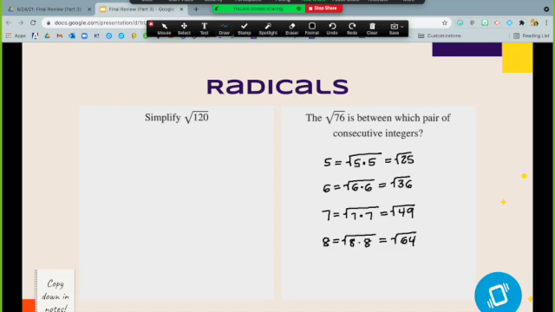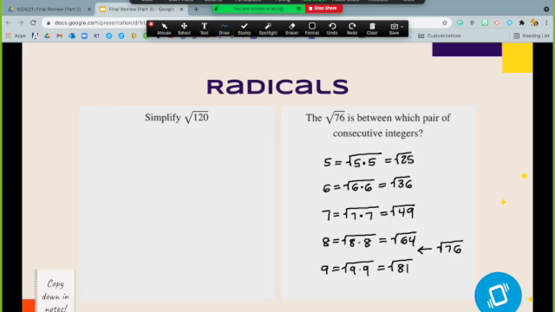We're getting a little bit bigger. Let's try out 9. If we had 9, we have the square root of 9 times 9. That would equal the square root of 81. So the square root of 76 is between the square root of 64 and the square root of 81.